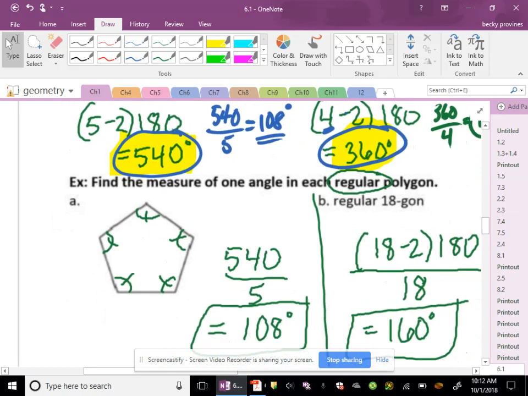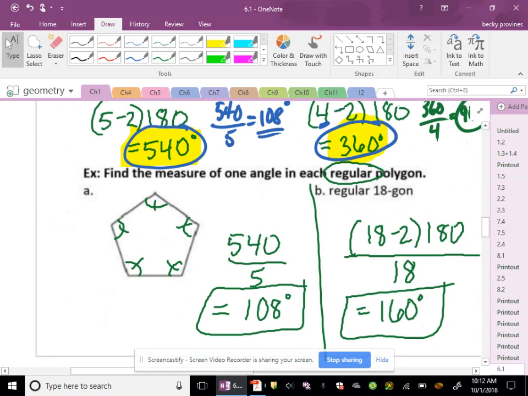Okay, so then find the measure of one. That's the key. One angle. Okay, so there are 5 sides. I didn't show all my work here. So it's 5 minus 2 times 180, which is 540.